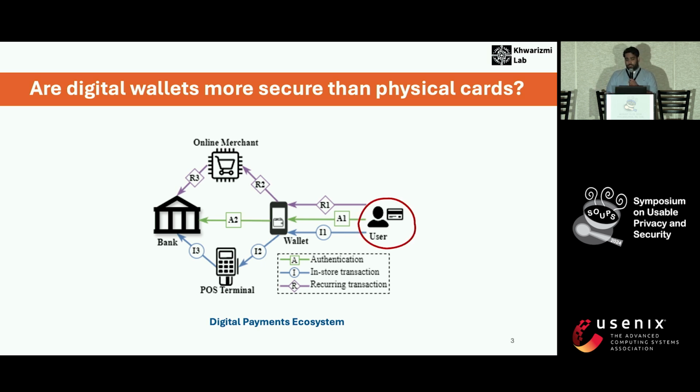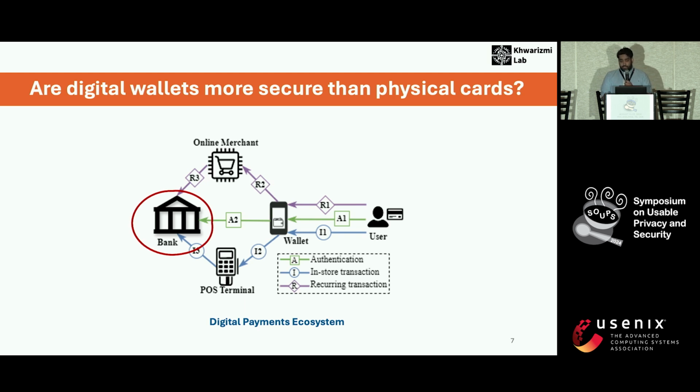So the process starts with the user, and the user enters their card in the wallet and then uses it for a transaction. They can either use a POS terminal to acquire the transaction, or an online merchant where you can pay with PayPal, for example, or you could simply use Google Pay or Apple Pay to pay in an app or a website. And the transaction goes to the bank, where it verifies that everything is OK, and then they settle the payment.